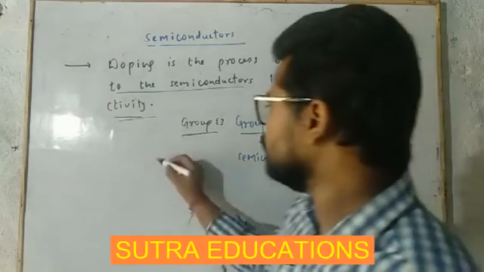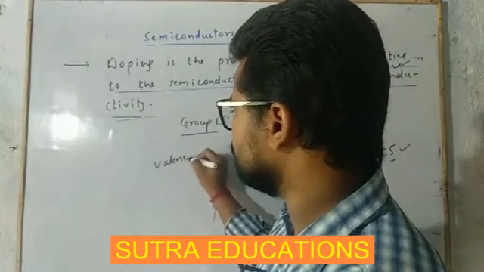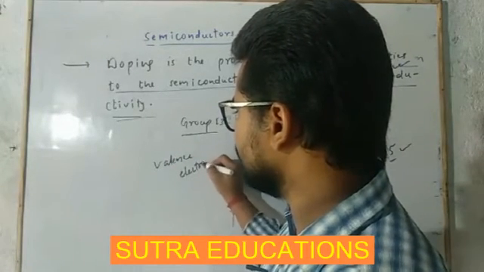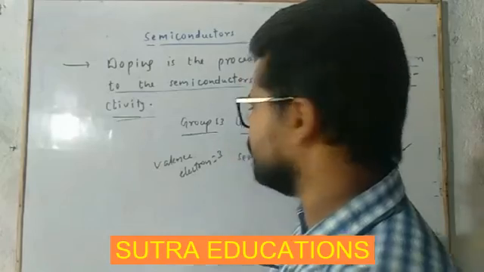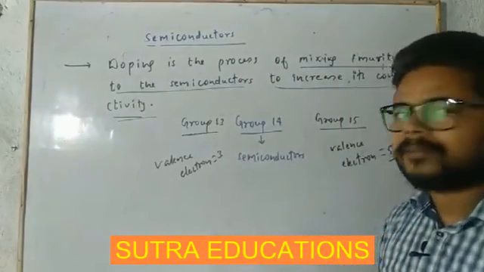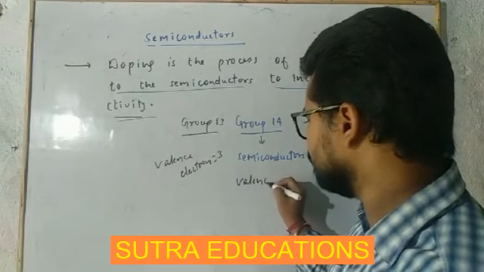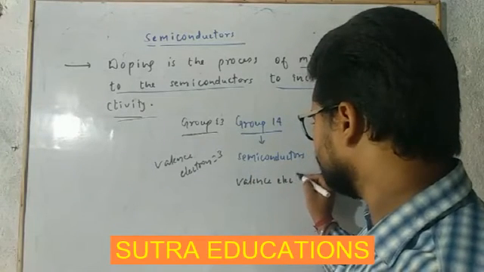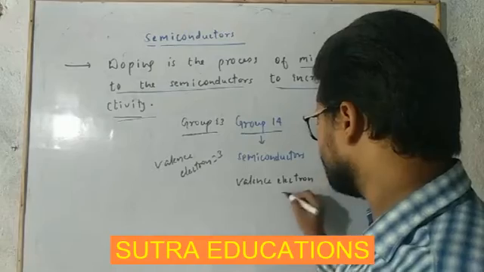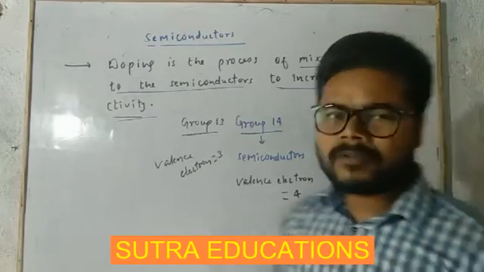Group 13 means valence electrons equal to 3. Group 14 means valence electrons equal to 4. So, very basic thing.